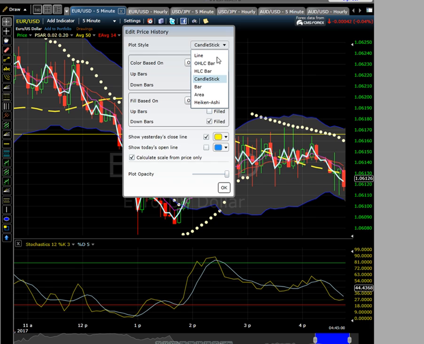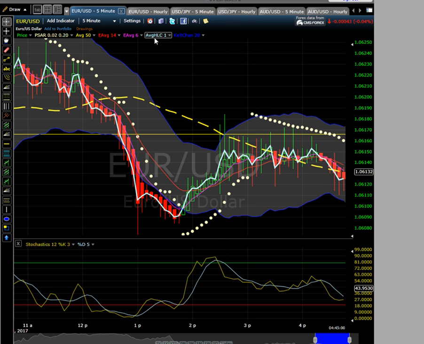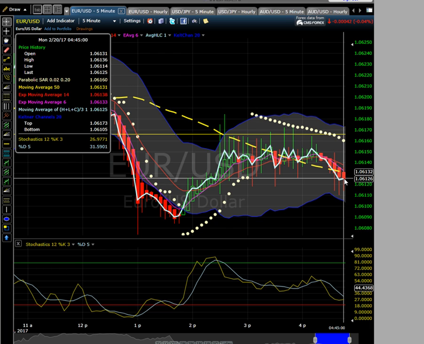So that's why I have the average HLC moving average, and I have it light blue, because this is more accurate to where the actual price is at that time than the EMA 6. So if you look right here, you see this little blue line. That's usually a good, accurate sign of where the price is actually at for this pair.